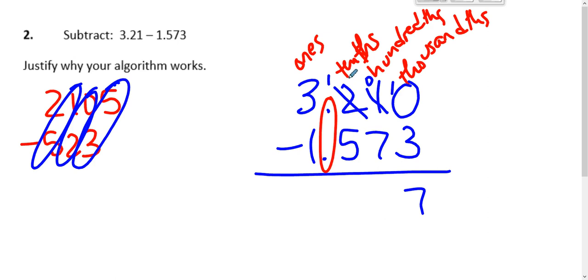We take a tenth away. That 1/10 is 10 hundredths. And 10 minus 7, can't take 5 from 1. We take the 1 away from the ones place. That 1/1 is 10 tenths, and we can subtract like we're used to.